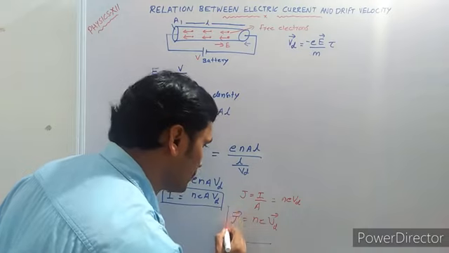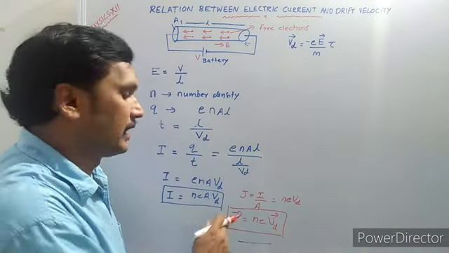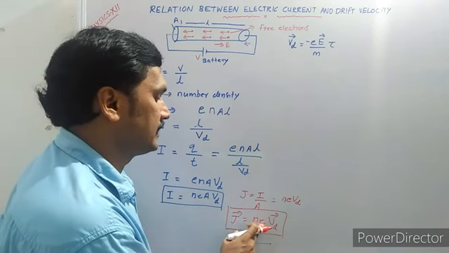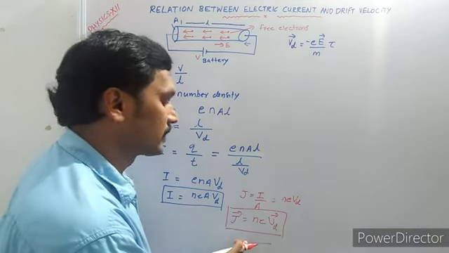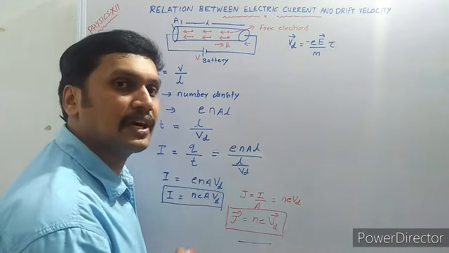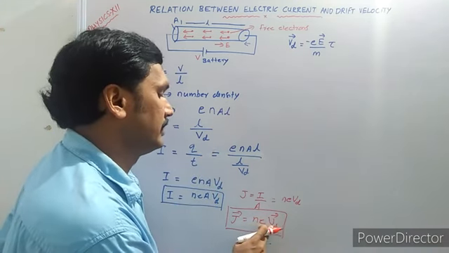This is the expression for the current density, in vector form, and this equation is valid for both positive charge and negative charge. J is equal to N E Vd.